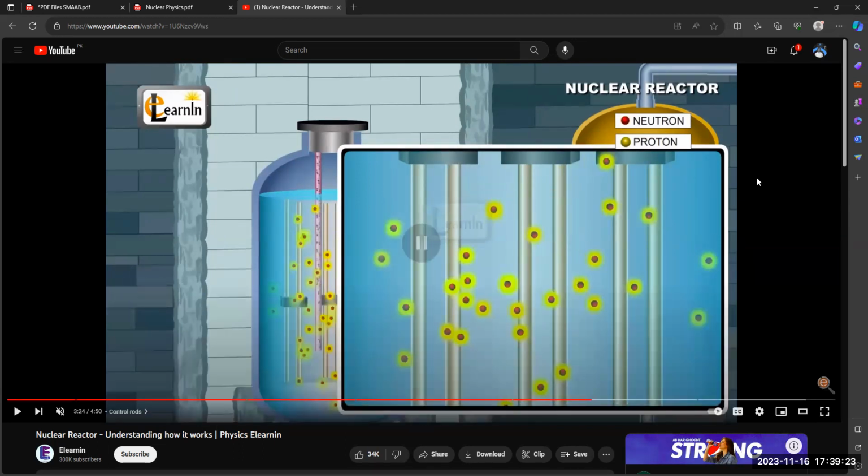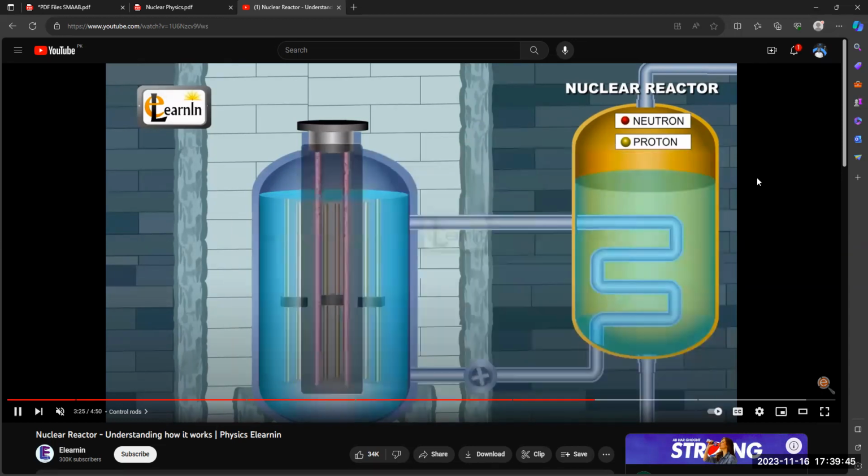Basically, control rods are not all the time inside the nuclear reactor, right? It depends upon the mechanism: if you immerse those rods, then your nuclear reaction will be slowed down. And if you move those rods away from the reactor, your reaction will be faster, just like the normal fission reaction.